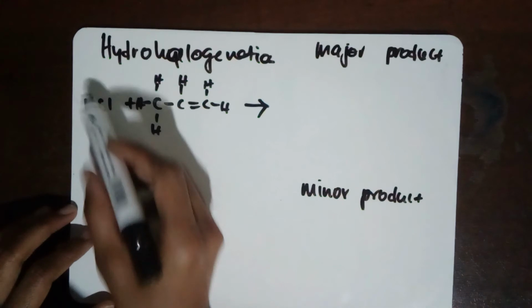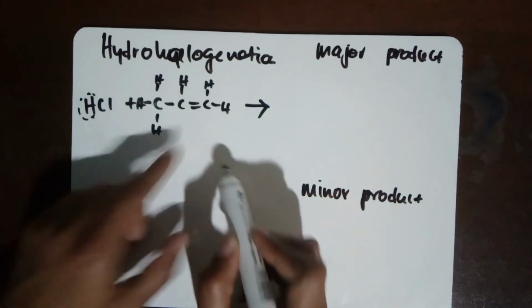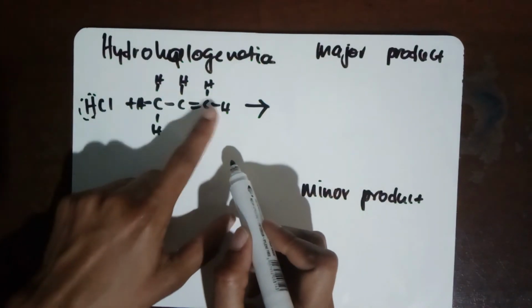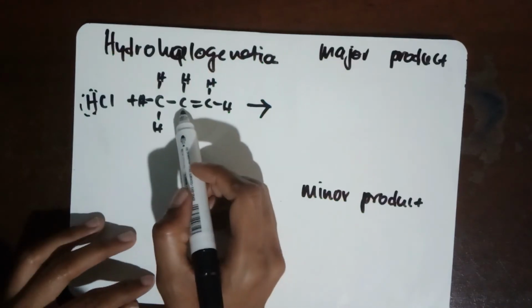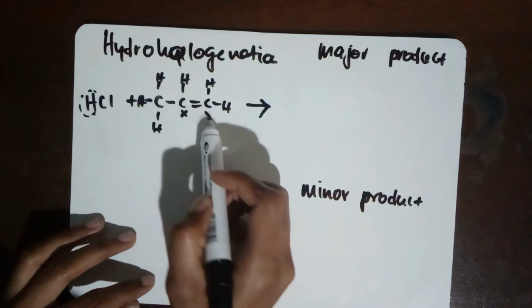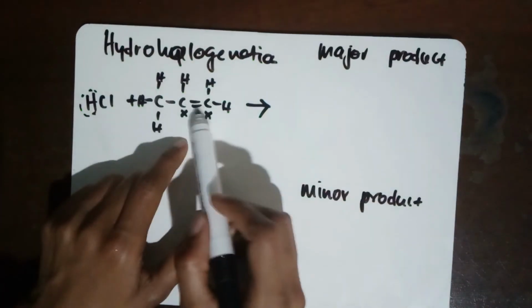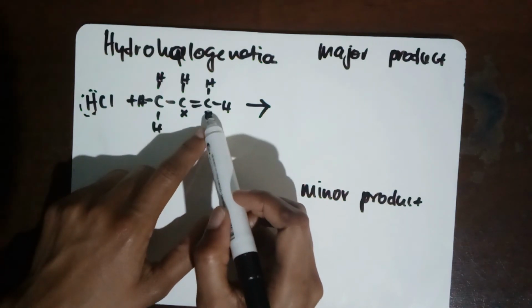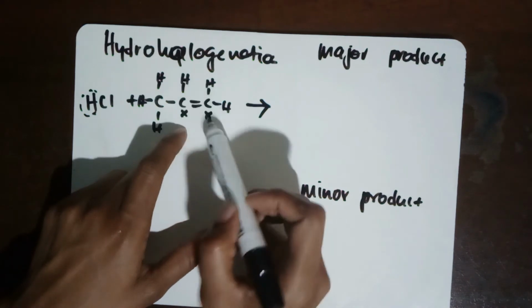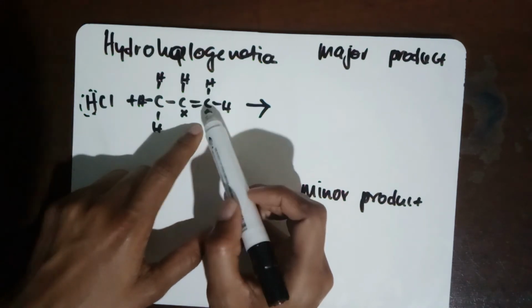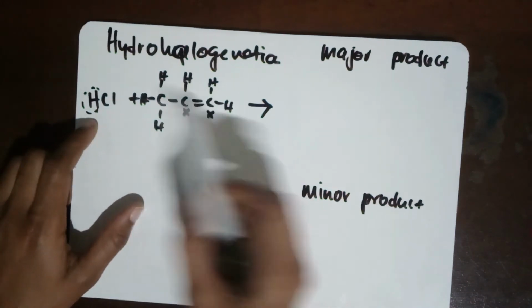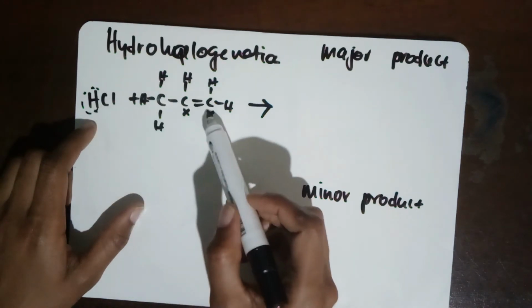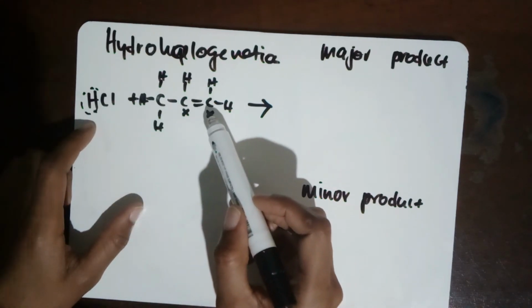So our question is, between these two carbons, which carbon has the greater number of H atoms. You see this one has 1 and this one has 2. So according to Markovnikov's rule, this hydrogen will be bonded to the carbon with the greater number of hydrogen atoms.